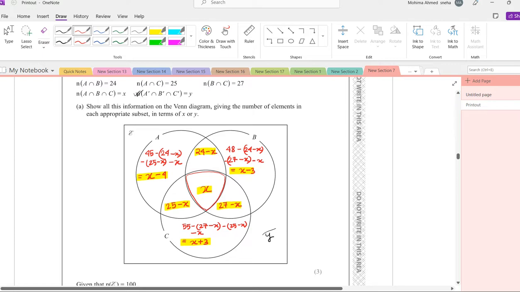Let me highlight the part which refers to B intersect C prime. So B intersect C prime means that the C part is entirely not included, but other than the C part, everything inside the Venn diagram is included and we need to intersect B with it. So that obviously means this portion.